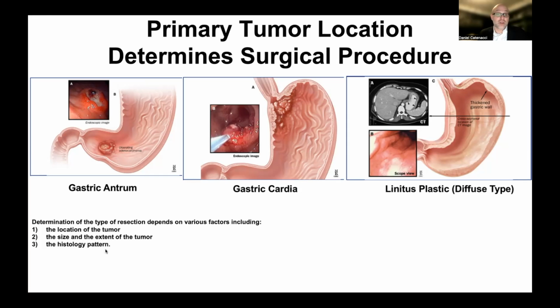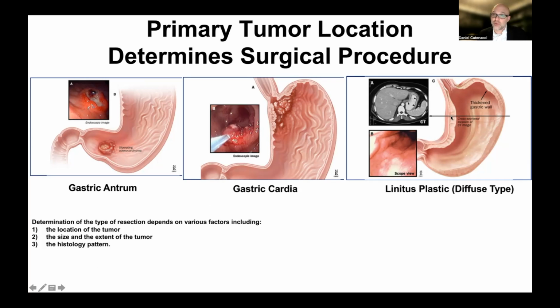In addition to the location of the tumor, the size, the extent of the tumor, how much of that area it's encompassing will play a role into what the surgeon ultimately is going to perform. And also the histological pattern. We talked about diffuse type versus intestinal type, signet ring cells, which track with diffuse type cancers, will also dictate what type of surgery is going to be performed.